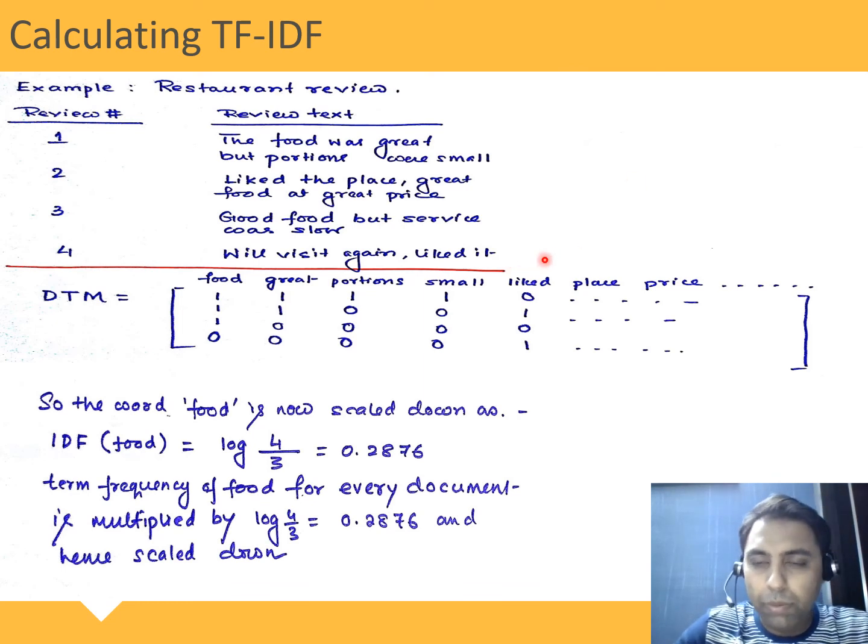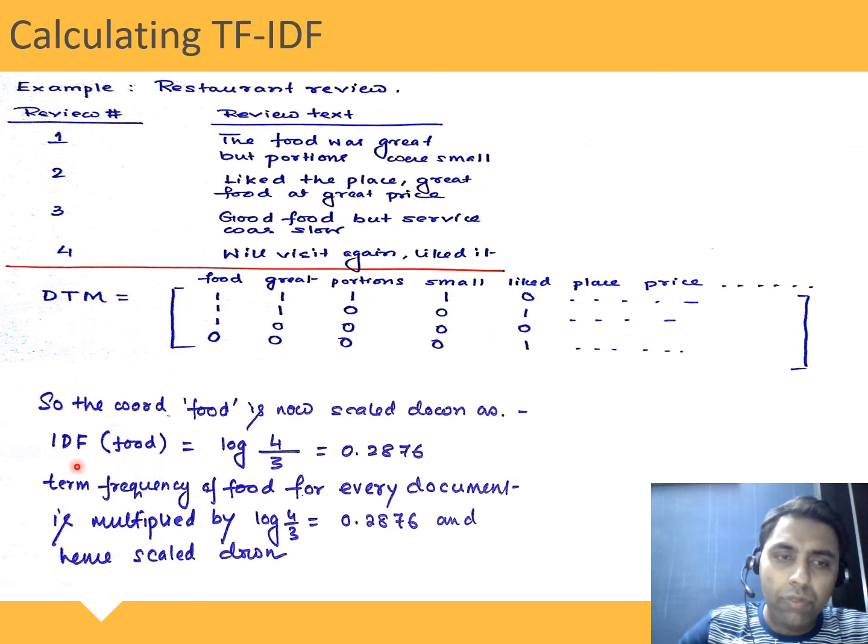Obviously, if you're talking about a restaurant, you'll talk about the food in the review, and that's why we saw in the document term matrix that the word food was present in 3 of the 4 rows. And if we had calculated the document term matrix by taking just the term frequencies, it would have looked like this, right?